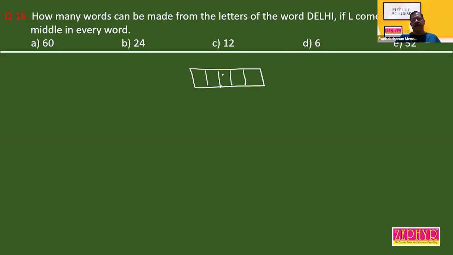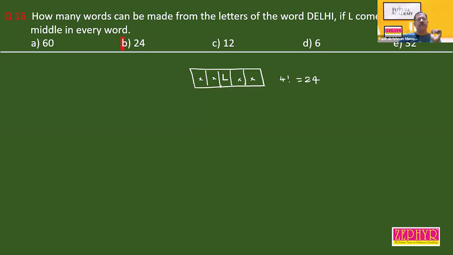L is coming in the middle. Okay. How many letters are remaining? The remaining 4 letters in the remaining 4 positions can be arranged in 4 factorial ways. Sir, answer is B. Yeah, 24.